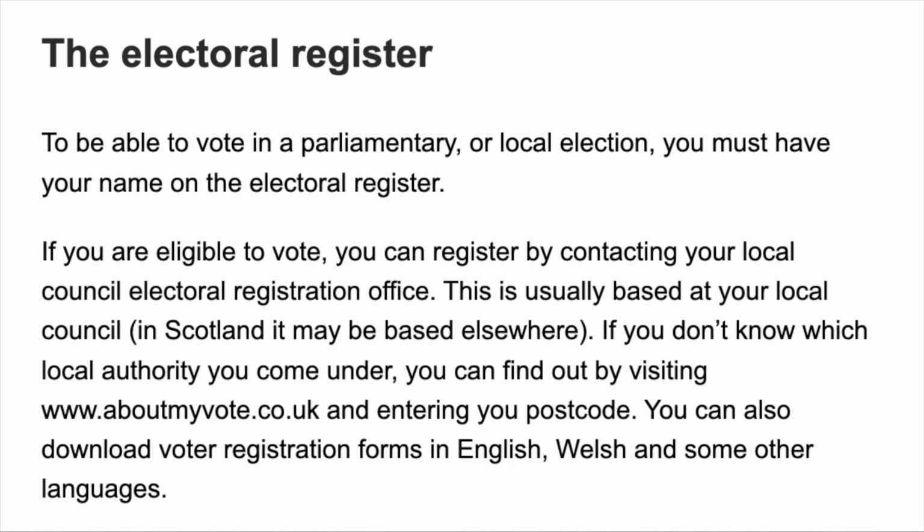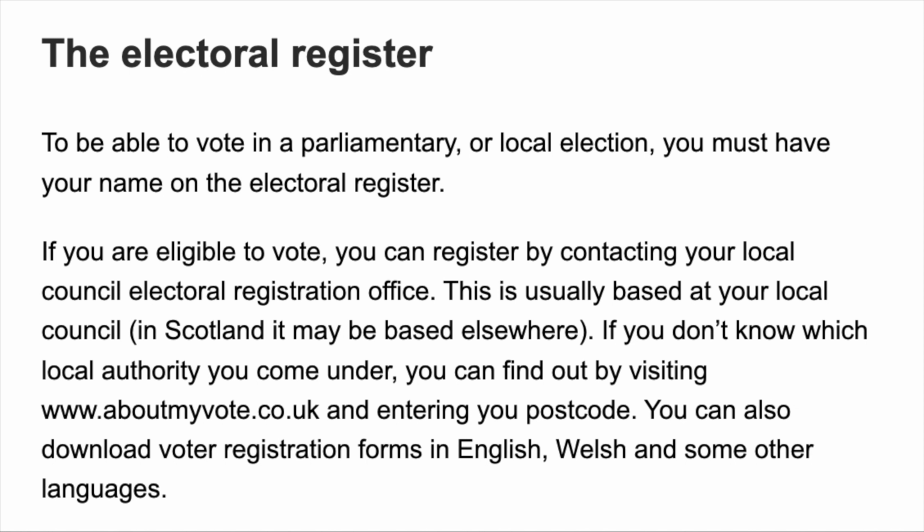The Electoral Register. To be able to vote in parliamentary or local elections, you must have your name on the Electoral Register. If you are eligible to vote, you can register by contacting your local council electoral registration office. This is usually based at your local council. In Scotland, it may be based elsewhere as well.